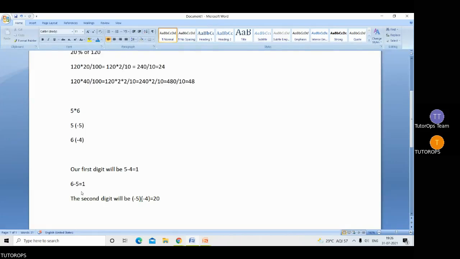So the last digit can be formed from the last digit of 20. So the actual last digit is 0, that is the last digit of 20.